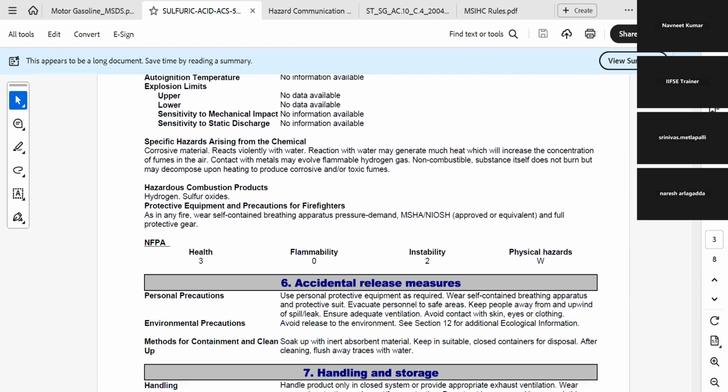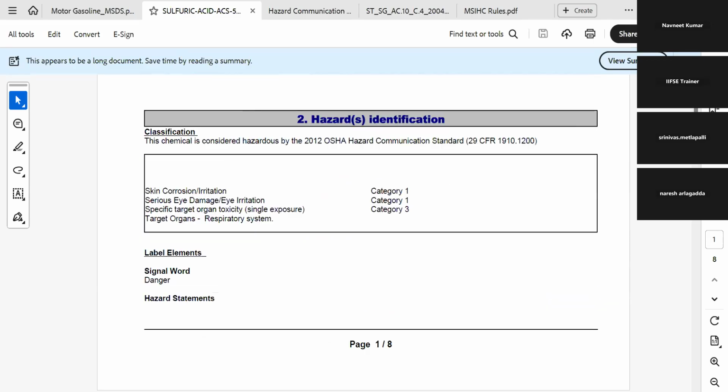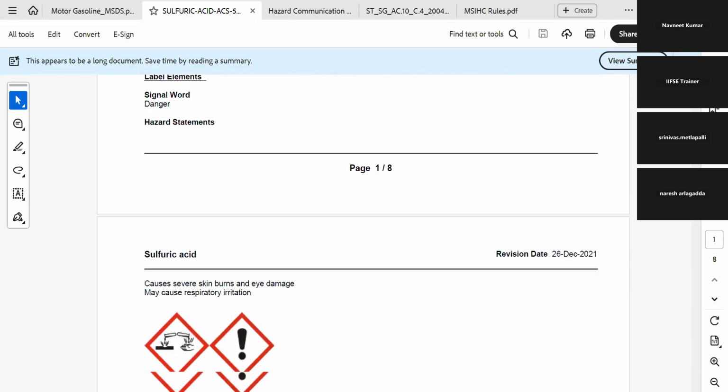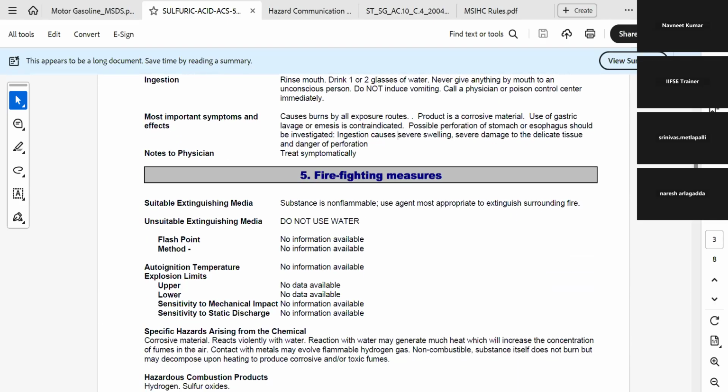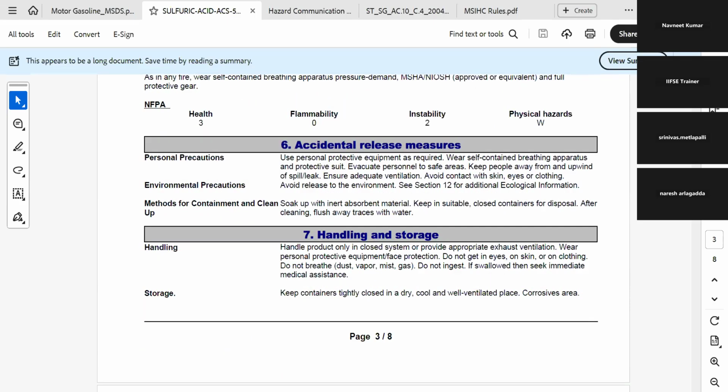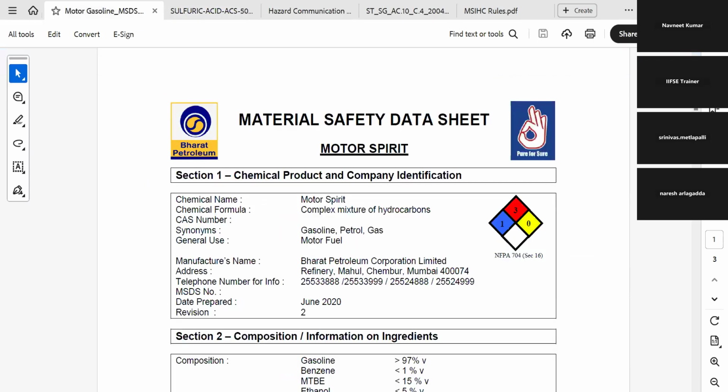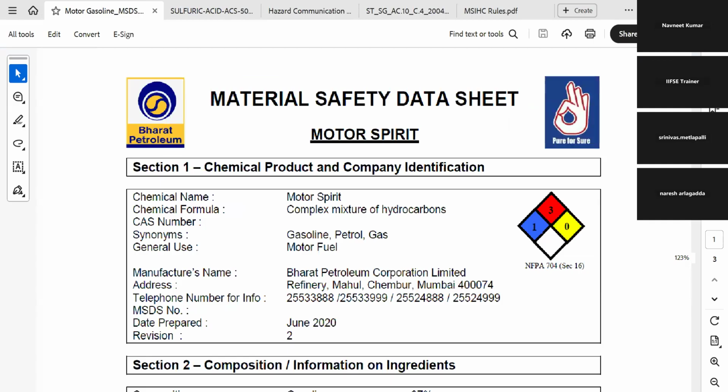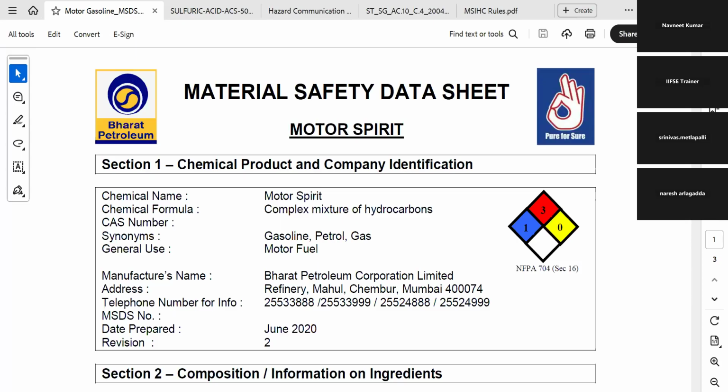And NFPA, National Fire Protection Association, also gives the rating. I think here they have given it in number format, for petrol. When I say NFPA, by seeing this triangle as a diamond, you can understand.